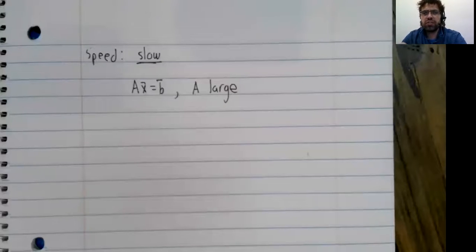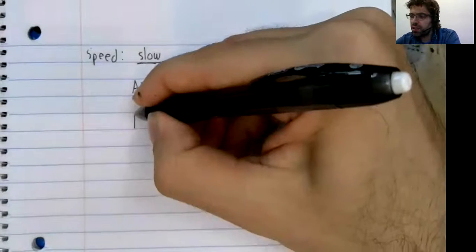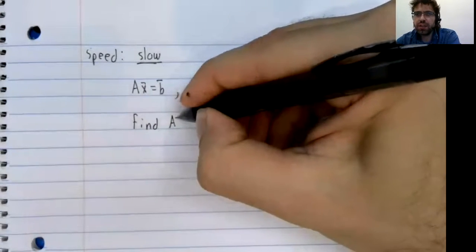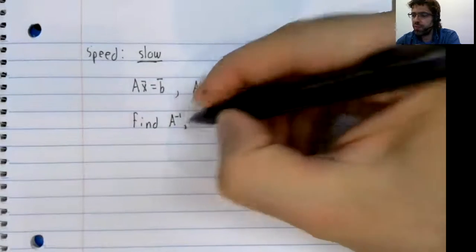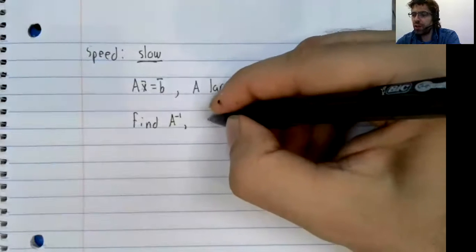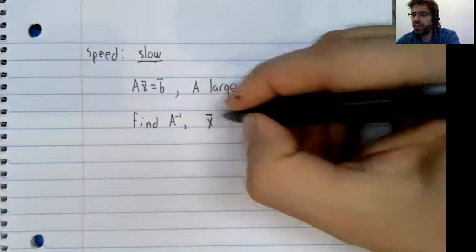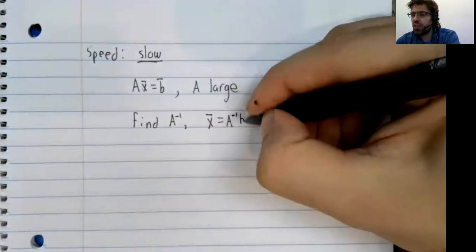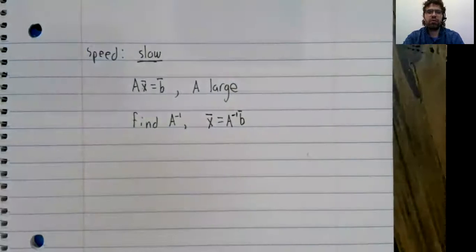You decide to solve it using the matrix inverse. You find the inverse, then multiply both sides of the equation by it to get X equals A inverse B. That might seem sensible.